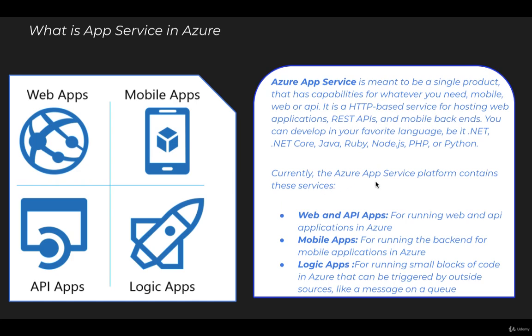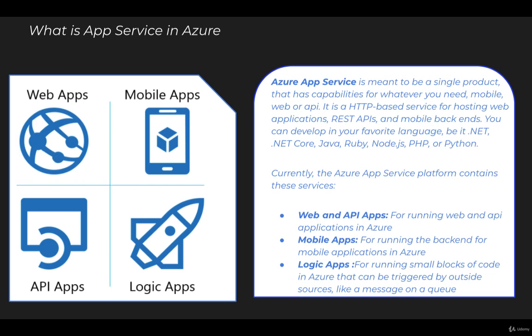Currently, the Azure App Service platform contains the services we have mentioned. The first one is web apps. I have combined both the web and API apps, as they are basically for running web and API applications in Azure.